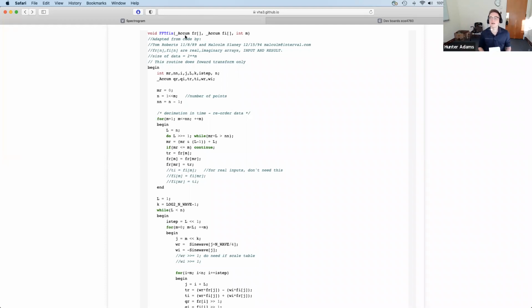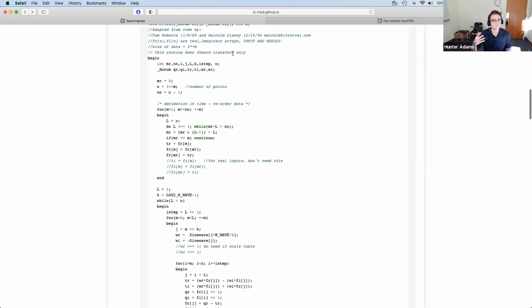So if this array is 512 elements long, then m here is 9, because 2 to the 9 is 512. If it was 256 elements long, it would be 8, because 2 to the 8 is 256. So you'll pass your windowed audio samples, an array of zeros of the same length, and in your case, 9.